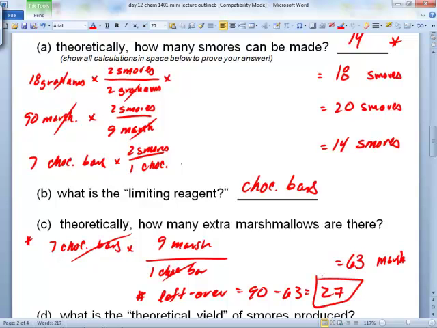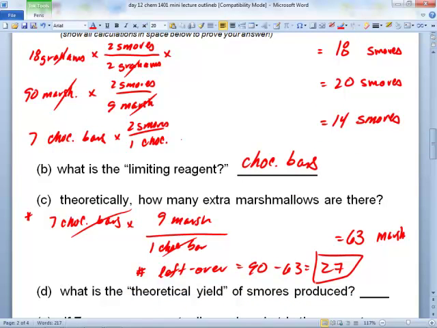So I just use the limiting reagent for all questions, really. What is the theoretical yield of s'mores produced? What would you guess they're after?